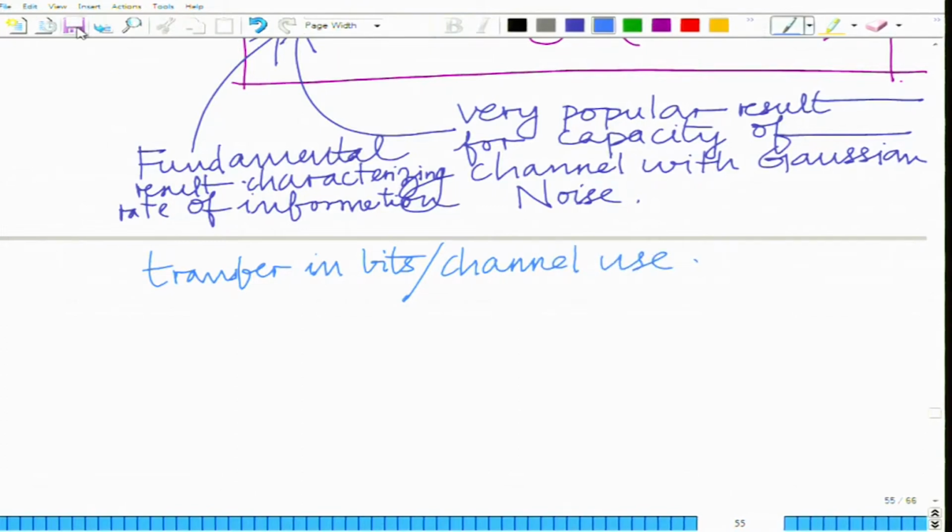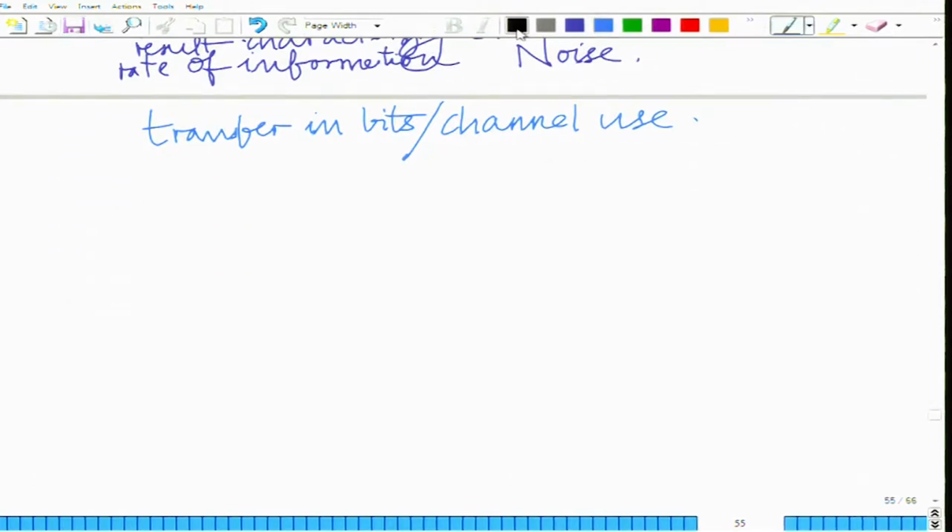Now, there is one modification if you want to find the bits per second.